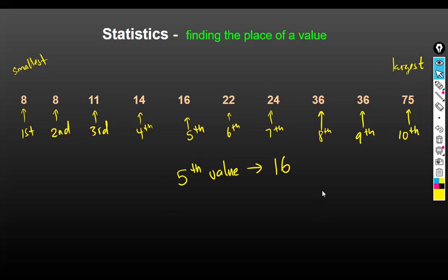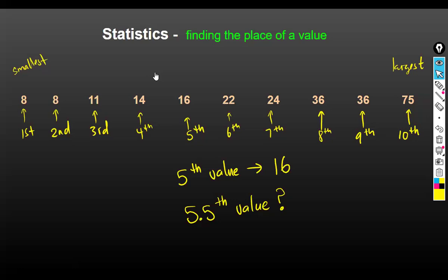But how about this? If I were to ask you what's the 5.5th value? It sounds very strange. You've probably never heard somebody talk like that. If you're running a race, somebody could come first, second, fourth, or fifth. But suppose somebody walks up to you and asks, who came 5.5th?